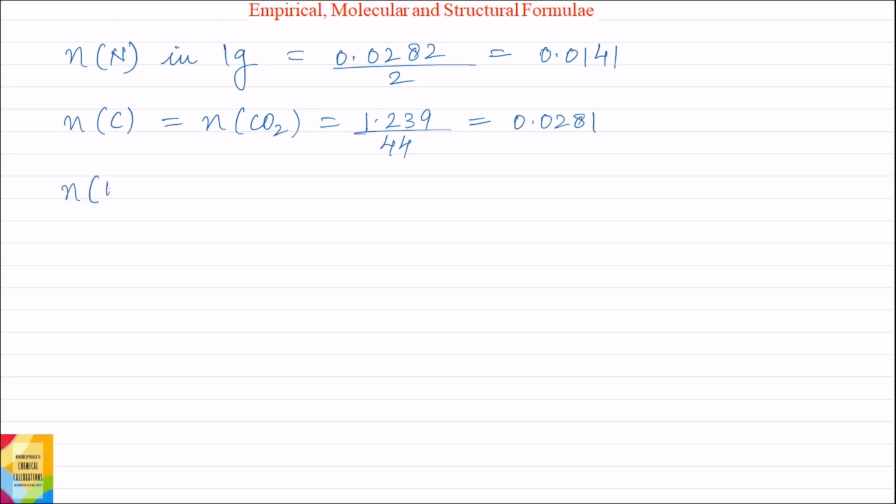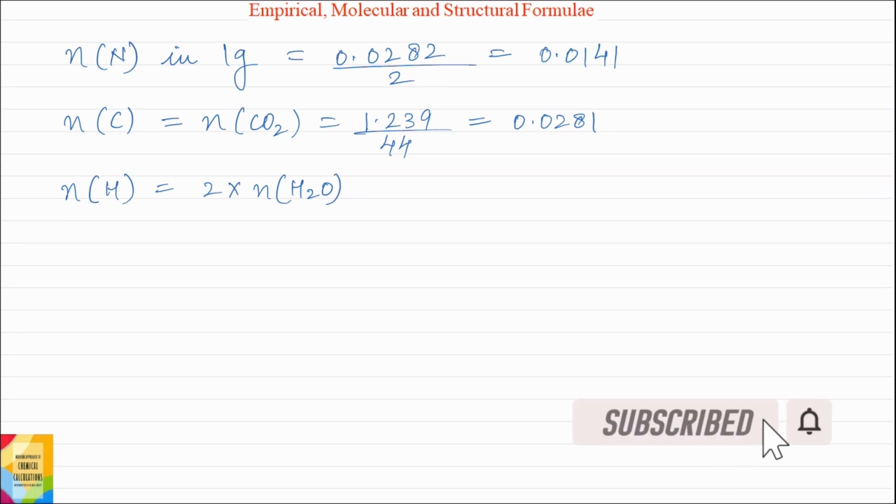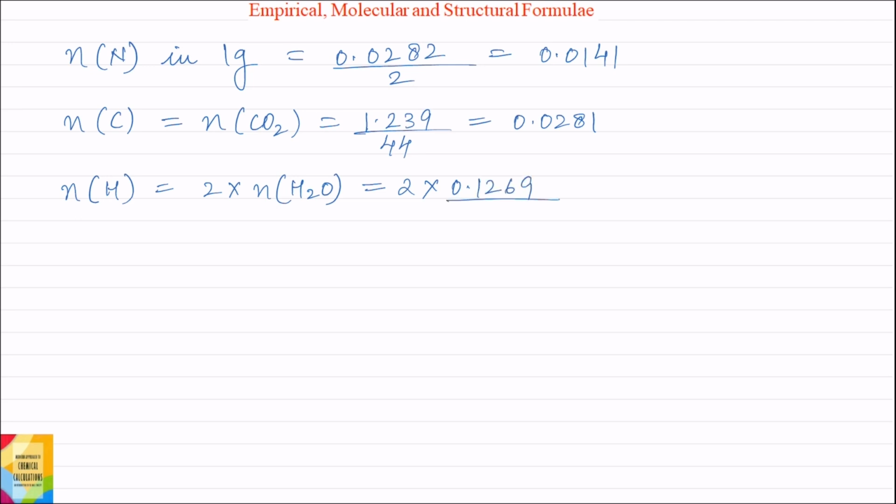Similarly, moles of hydrogen is equal to 2 into moles of H2O, because 1 mole of H2O contains 2 moles of hydrogen, and this is equal to 2 into 0.1269 gram divided by molecular weight of H2O, which is 18. So this is equal to 0.0141 moles. So moles of hydrogen is 0.0141 moles.